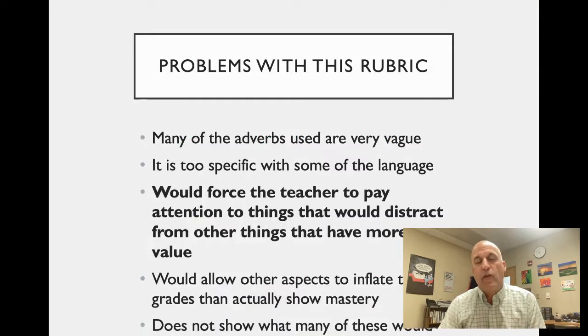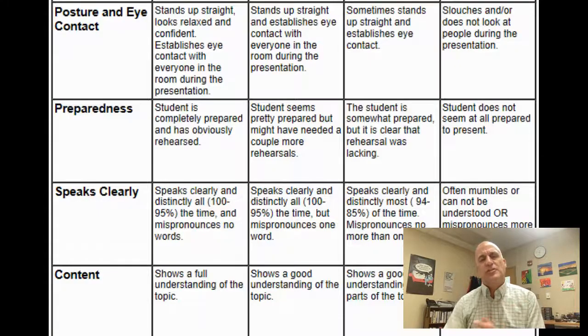The next thing is it would force the teacher to pay attention to things that would distract from other things that have more value. So you have to ask yourself, what are you really looking for in a presentation? What are the most important aspects of that? So if I'm looking at posture and eye contact, it is certainly important, but is it important enough to warrant its own category?